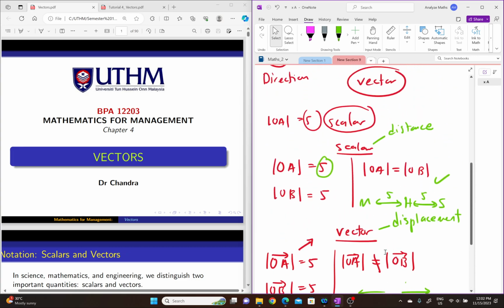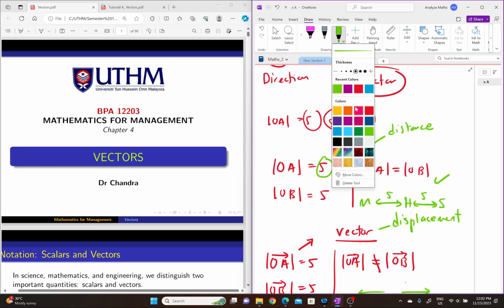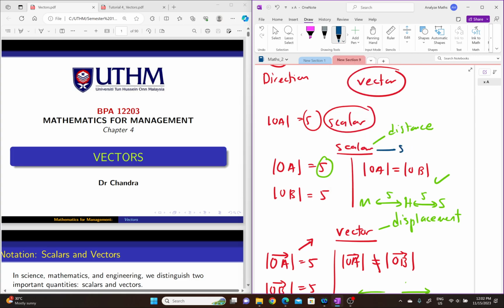Another example I can give you is speed and velocity. Both have the same unit, meters, distance over time. This is also distance over time.